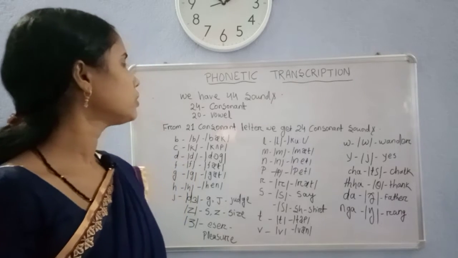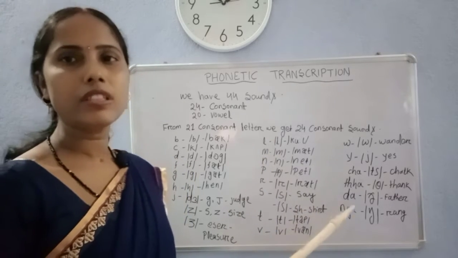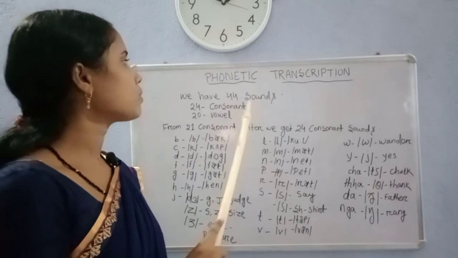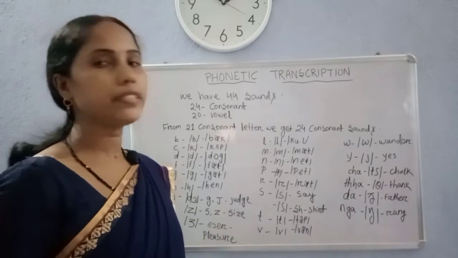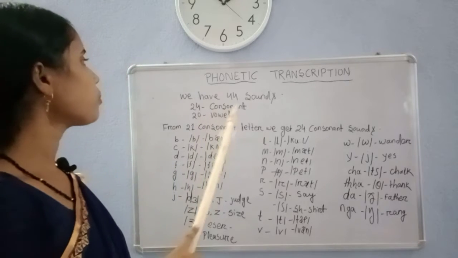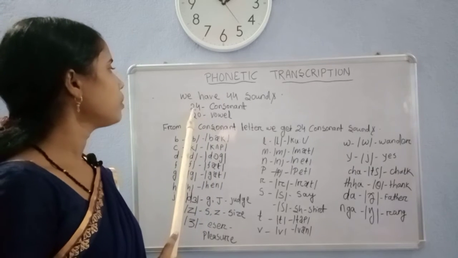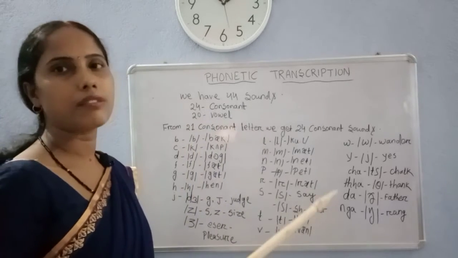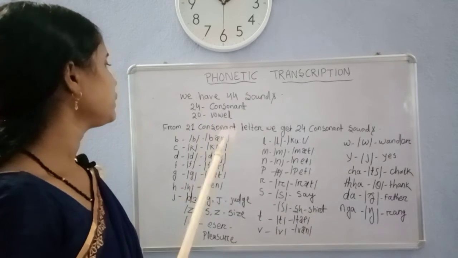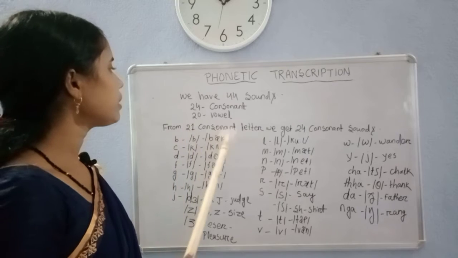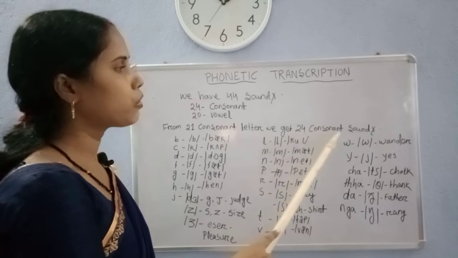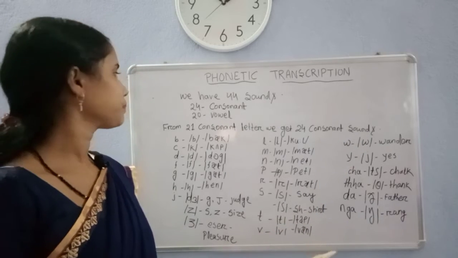This is about our sounds, not about letters. Letters are 26 and sounds are 44. From 44 sounds we have 24 consonant sounds and 20 vowel sounds. And do you know, from 21 consonant letters we get 24 consonant sounds.